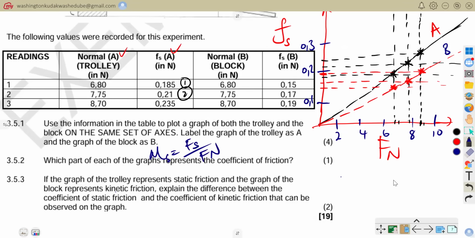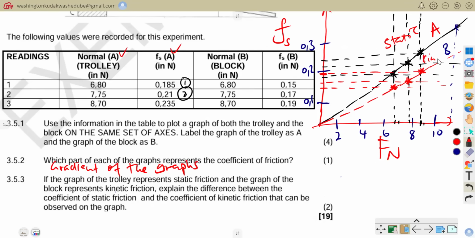So now they're saying if the graph of the trolley represents static friction and the graph of the block represents kinetic friction, explain the difference between the coefficient of static friction and the coefficient of kinetic friction that can be observed from the graph. From the graph, you can see that this graph has a steeper gradient than this graph.